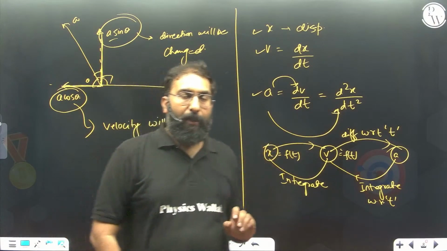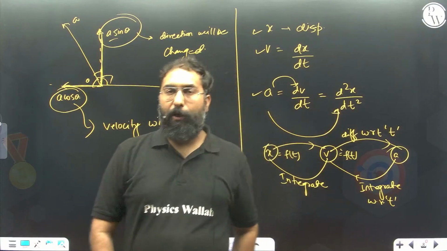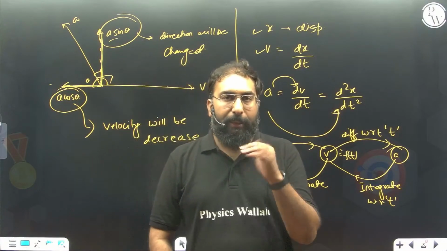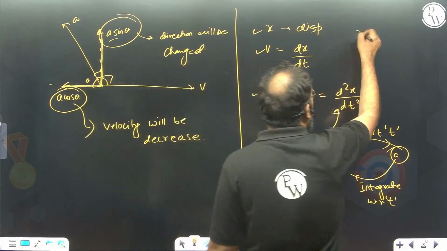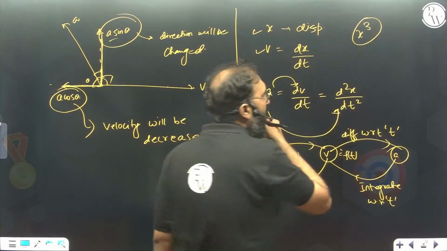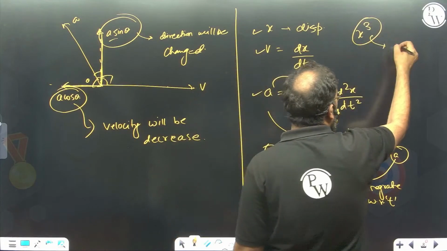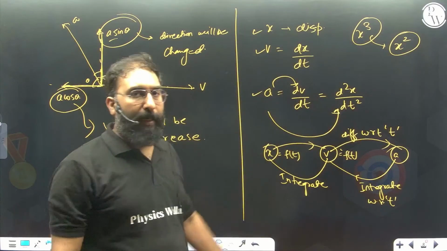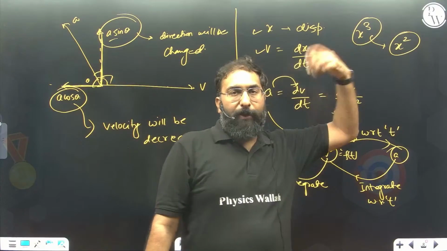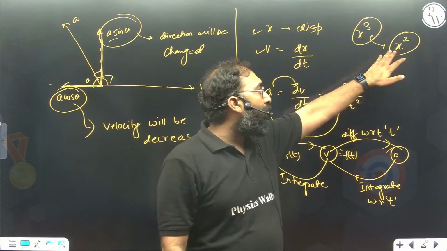And you know that whenever we differentiate an algebraic function, its degree is reduced by 1. Suppose I have a function of power 3, a cubic function. After one differentiation, it becomes an x square type of function, a function of x raised to the power 2.